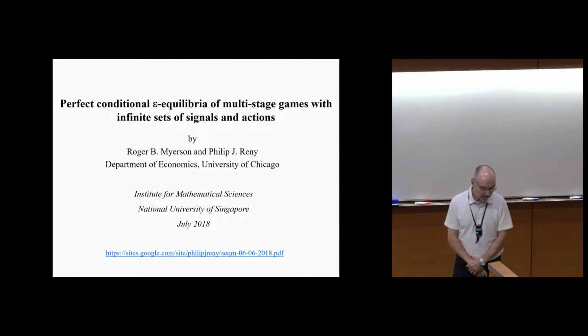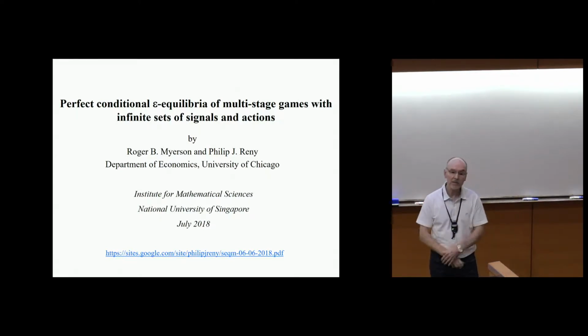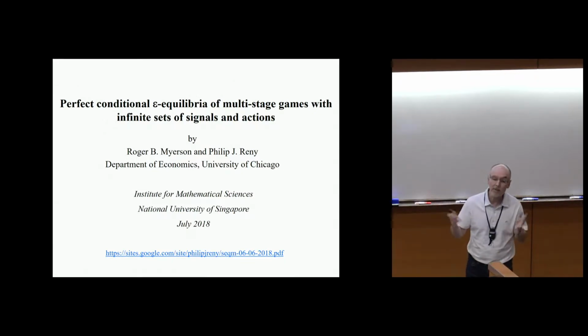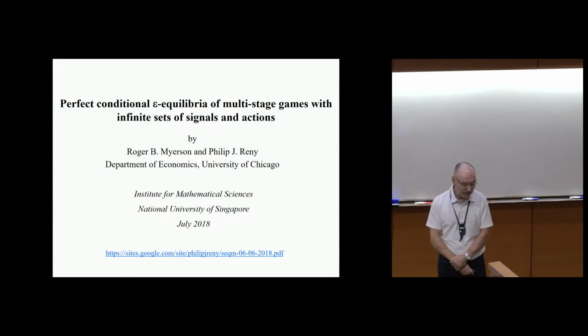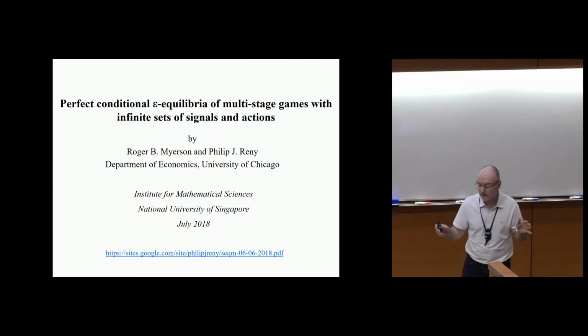It means that at each of your information sets, your belief there, what's a belief for you? It's a probability distribution over the histories of play that you can't distinguish between. So given your beliefs about the history of play, and given the strategies of the others that they're going to use in the future, your strategy maximizes your conditional expected utility. That's true for each player at each information set. So that's what it means to be sequentially rational.